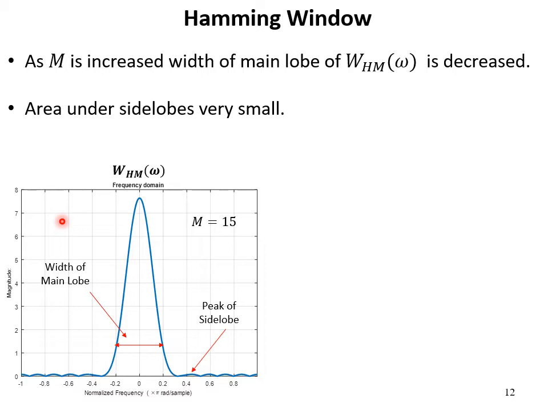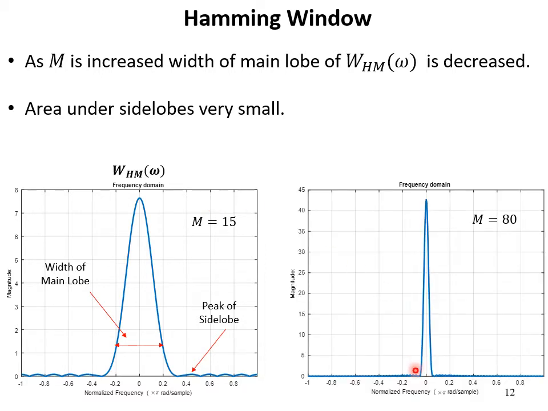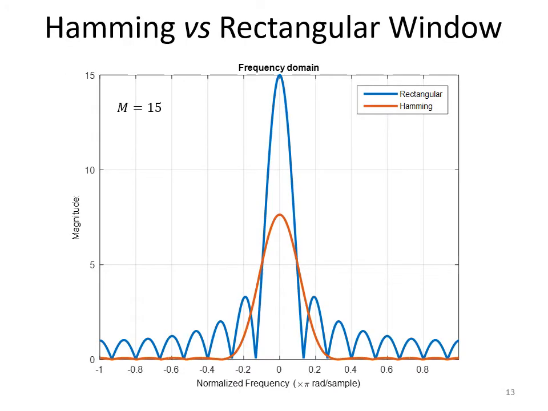So the width of the main lobe is wider than the rectangular window function for the same value of m. However, there are no side lobes, or there are very low amplitude side lobes, right, because of the smoothness in the transition. And if m is increased, you can see that the width of the main lobe has decreased significantly, right, and the side lobe is still there, but very small.